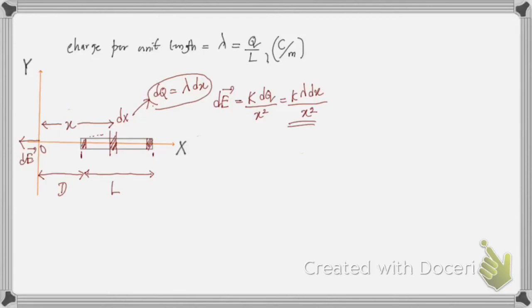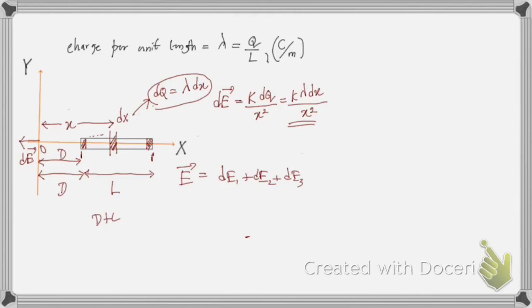But x is the distance to the segment from the observation point. This is the nearest segment, at distance d, and this is the furthest segment, and its distance from the observation point is d plus L. So this x is changing. x is our variable. It is changing from d to d plus L.